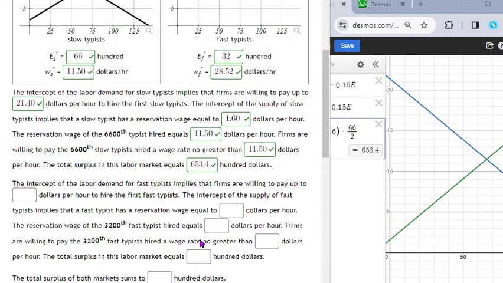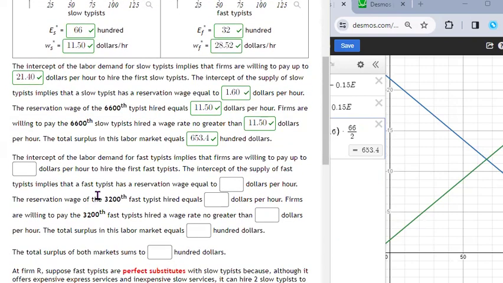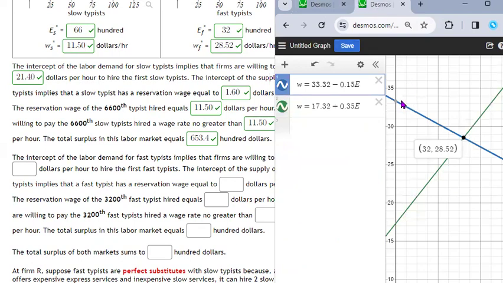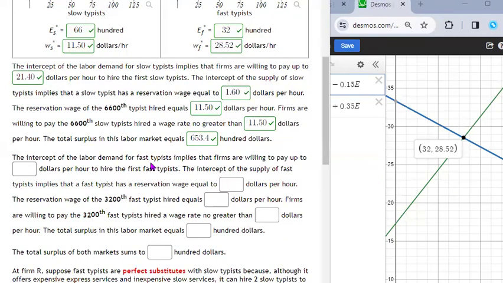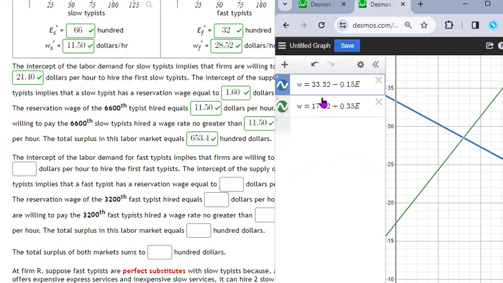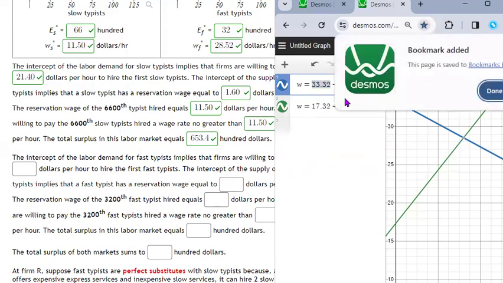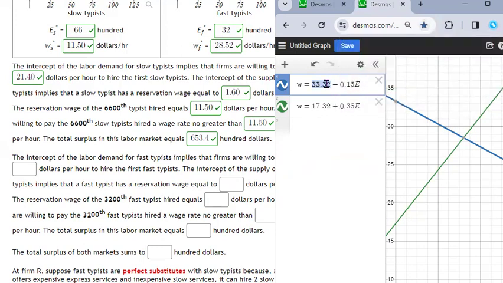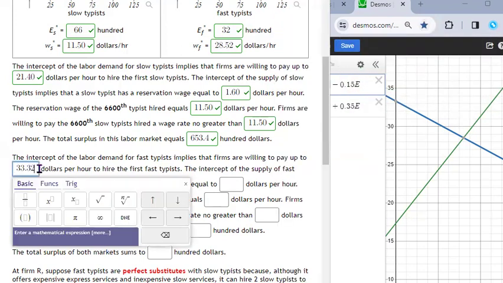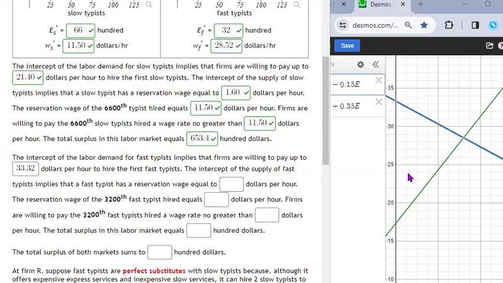Now we're going to do the same thing for the fast typist. The intercept of the labor demand for fast typists implies that firms are willing to pay up to $32 per hour for that first typist hired.